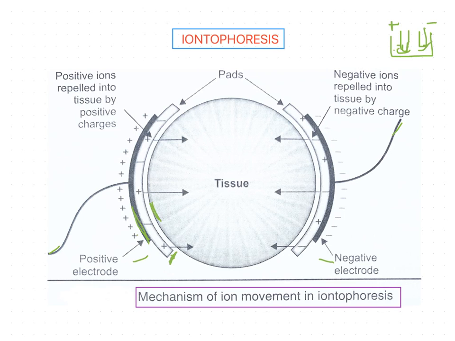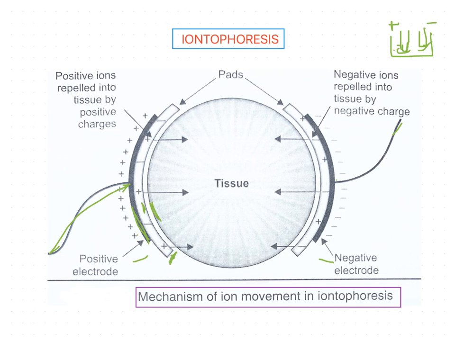Whenever these two pads are connected with the electrodes and a constant direct current is passed, electrolysis takes place inside the pad. That means positive ions and negative ions are formed inside the pad.